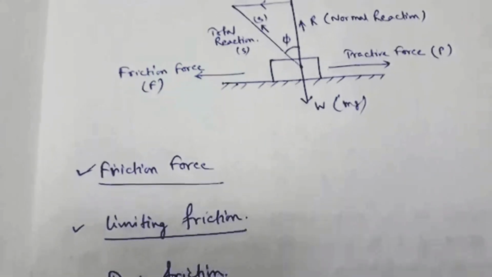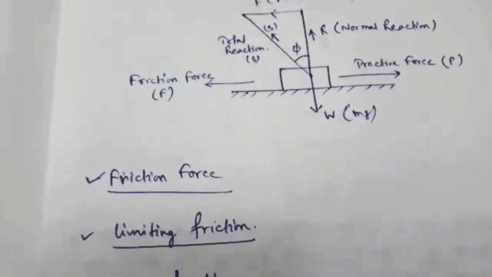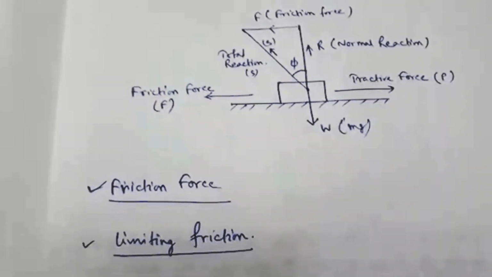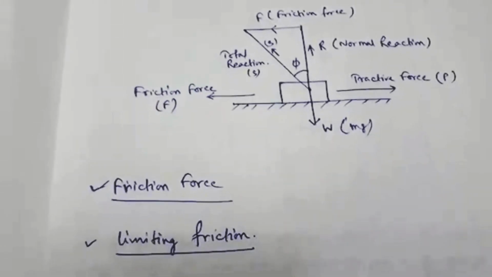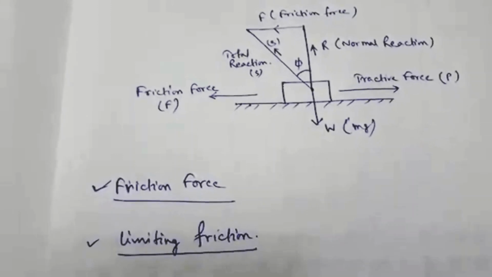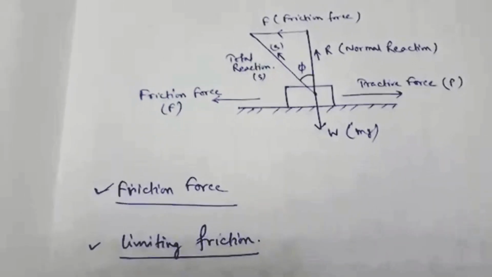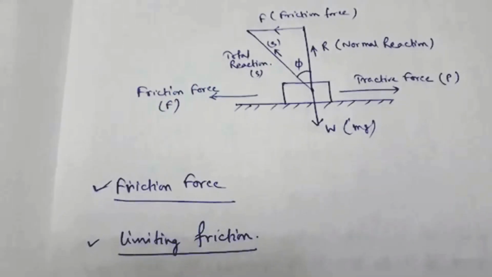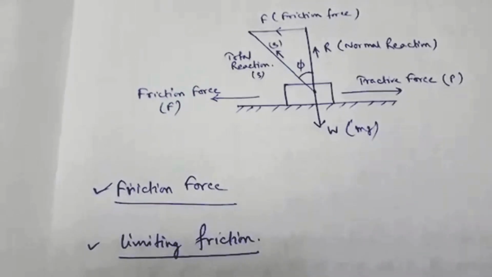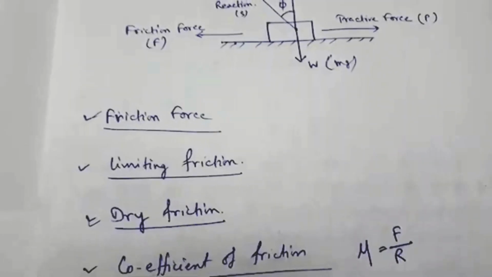Next is limiting friction. So what is the definition of limiting friction? It is the maximum friction force at the time of impending motion, that is, when the motion is about to begin. When the motion of the block commences, the friction force drops to a somewhat lower value called the dynamic or kinetic friction.